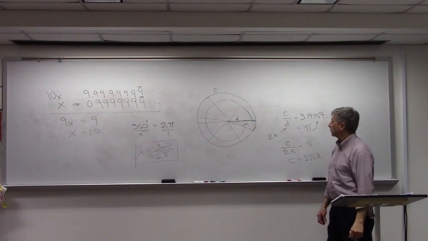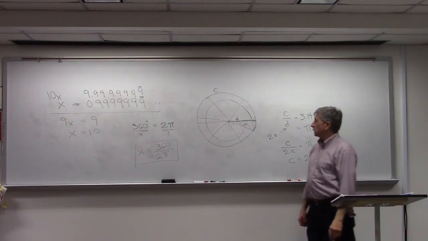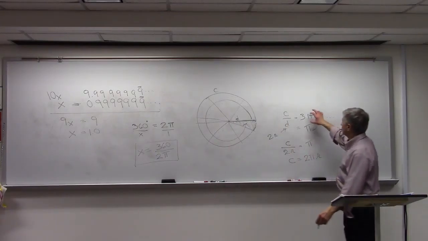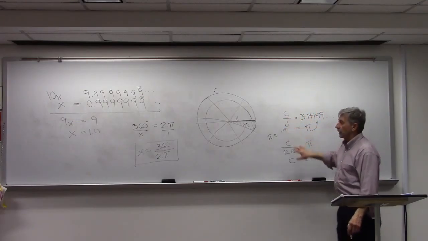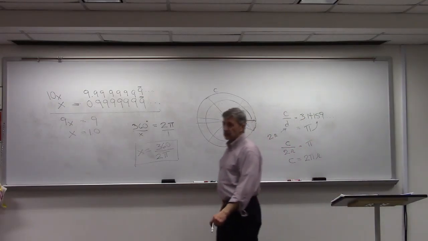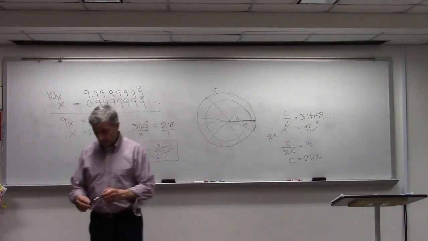So 1 radian, one of these ratios that we're talking about here, is equal to 57.3 degrees.